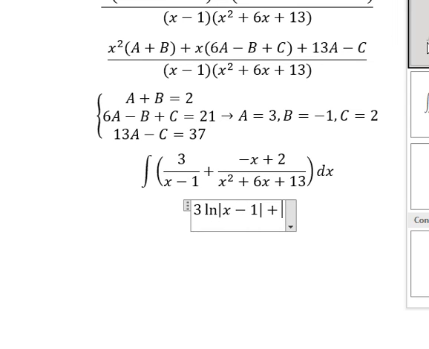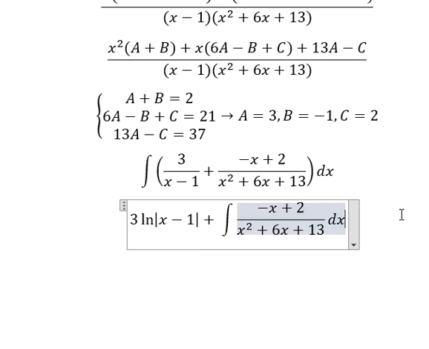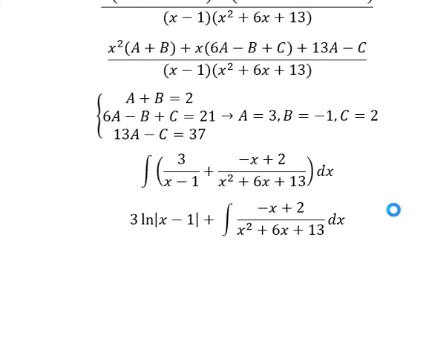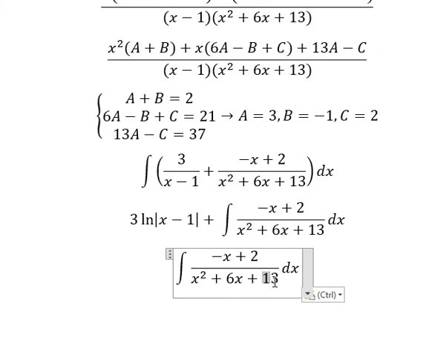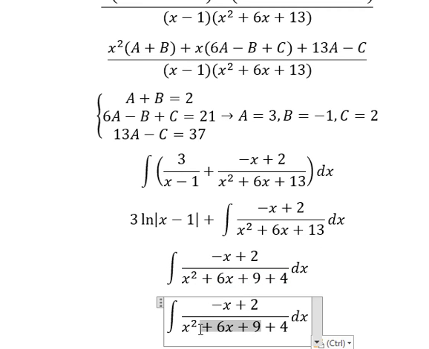Now we need to consider this one. So 13 is 9 plus 4. So this one is about identities.